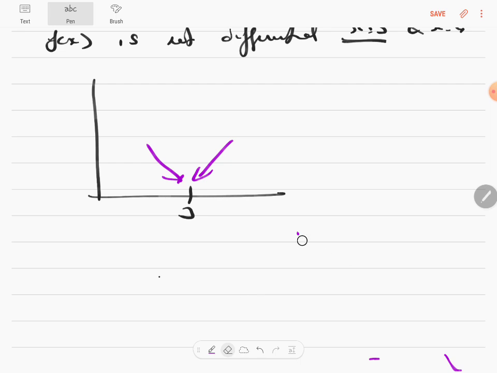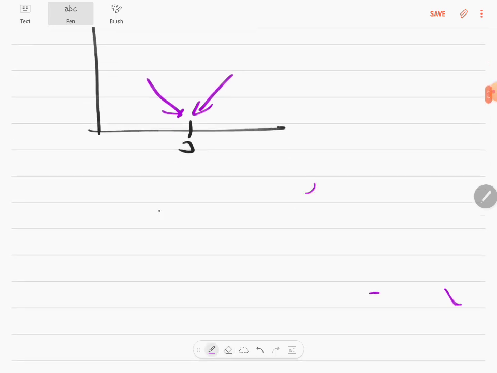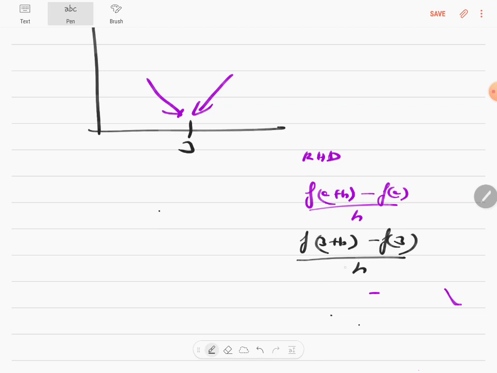So I'm going to put it in the formula. What is the formula for the right limit? f of a plus h minus f of a by h is the formula for right hand derivative, not right hand limit, RHD, which is f of 3 plus h minus f of 3 by h, which is the limit of f dash of x when x is tending to 3 from the right.